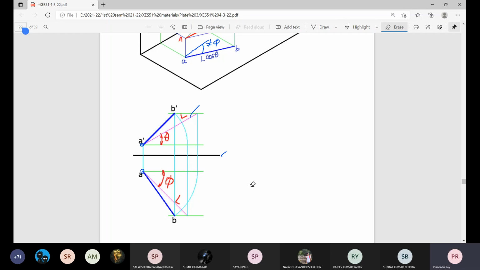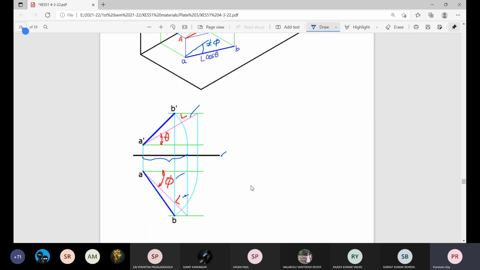Next thing, draw this line L at an angle phi. At an angle phi, draw a straight line of length L, so that when you draw a line perpendicular to the GL, naturally this length will be the length of elevation, that is L cos phi. Fine.